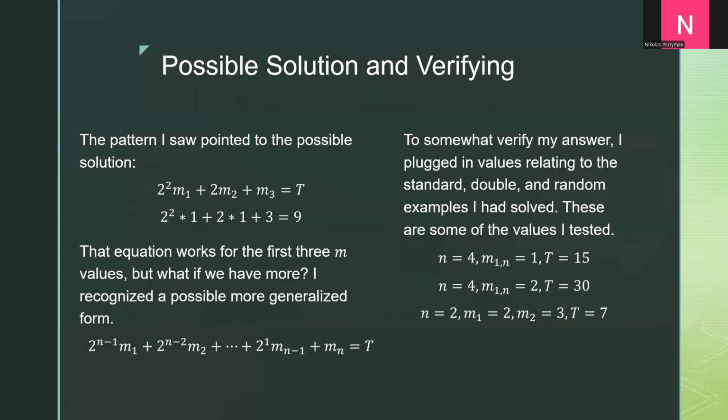And the pattern that stuck out to me was, for that specific equation, 2 to the power of 2 times m sub 1 plus 2 times m sub 2, and then plus m sub 3 equals t. And in this case, when I plugged in all of those values, I got a 9, which was the right answer.